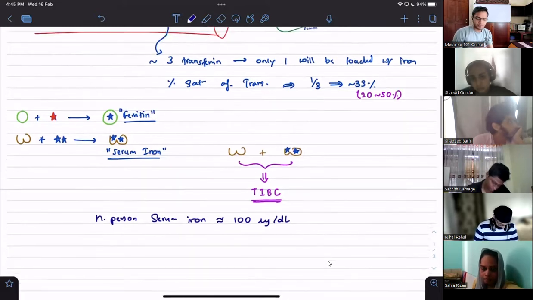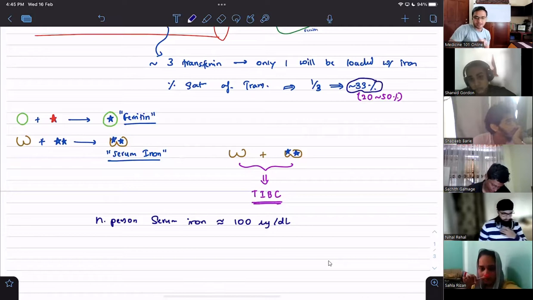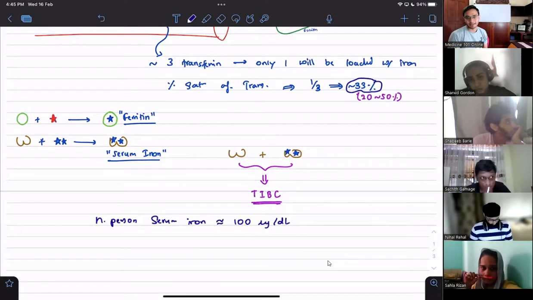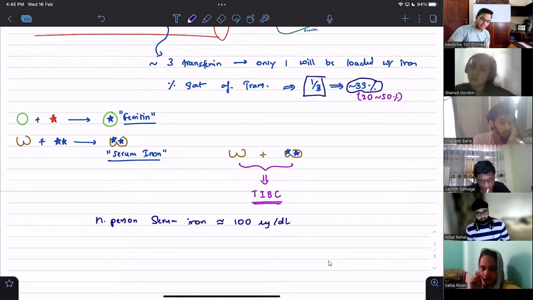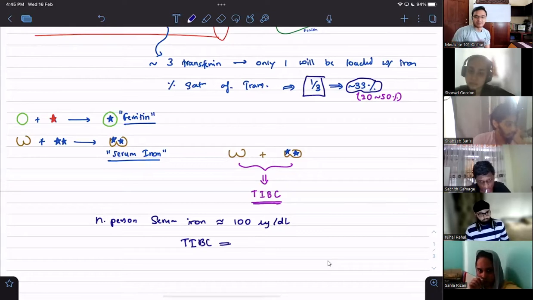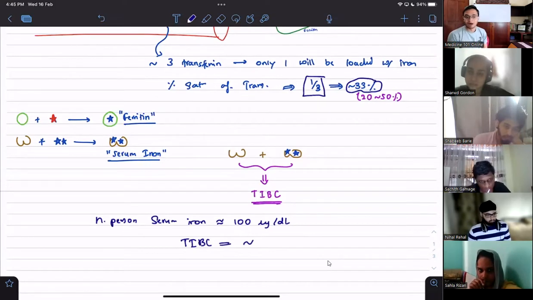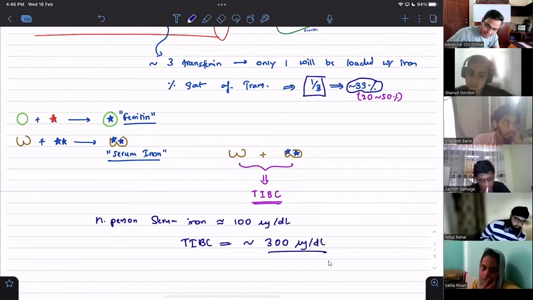Now looking at this percentage saturation in a normal person, let's take this 33%, about one third. If the normal person's serum iron is about 100 micrograms per deciliter, can you all tell me what is his TIBC? Roughly about what? 300. Excellent. Around 300 microgram per deciliter.